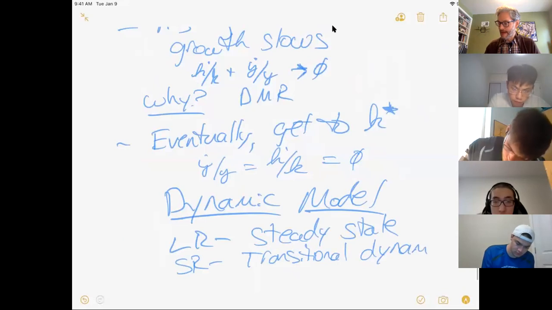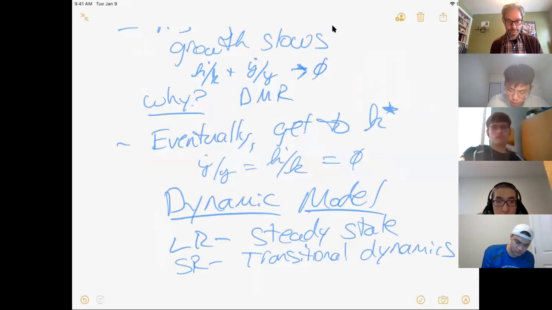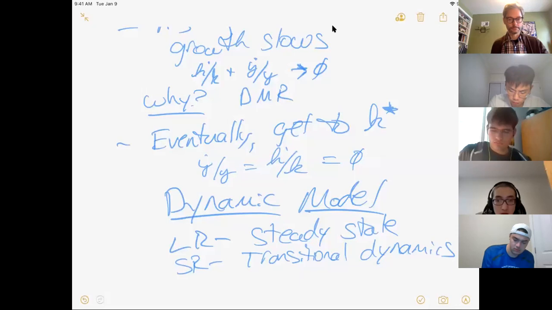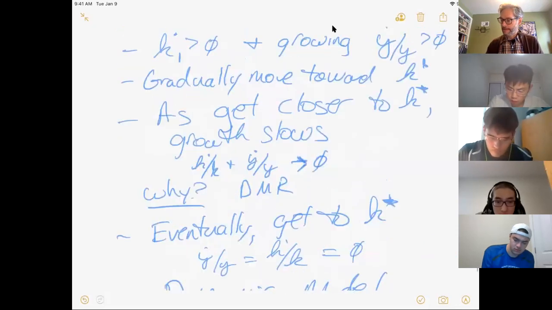And that's the value of having a dynamic model: it really explains how you get from here to there. All right, that makes sense.